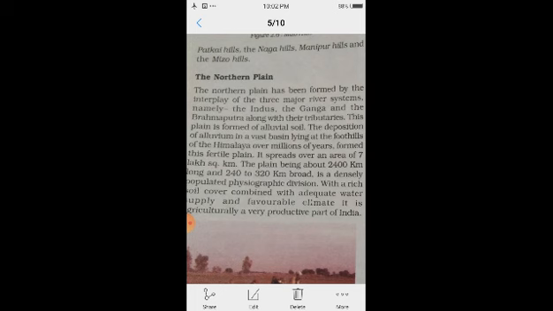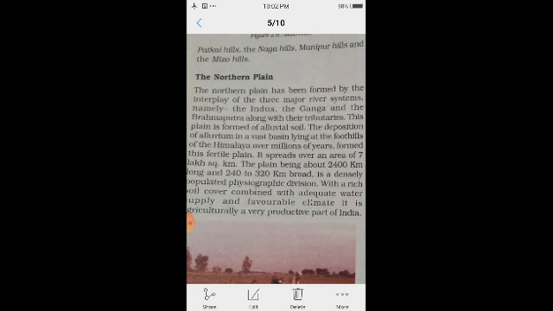Why is this Northern Plain land so fertile? It is because of the deposition of soil from the Himalayan region at the foothills. This deposited soil, which is called alluvial soil, is very fertile, and that is why the Northern Plain is very fertile compared to the other regions of India.